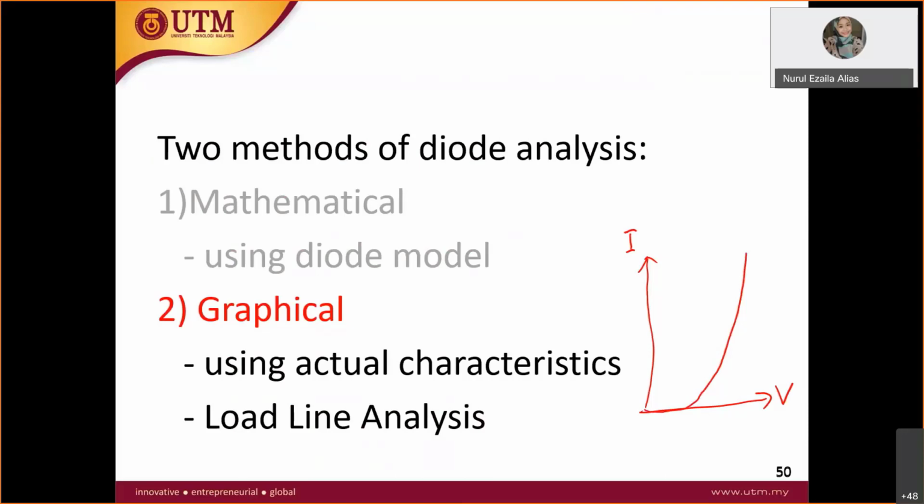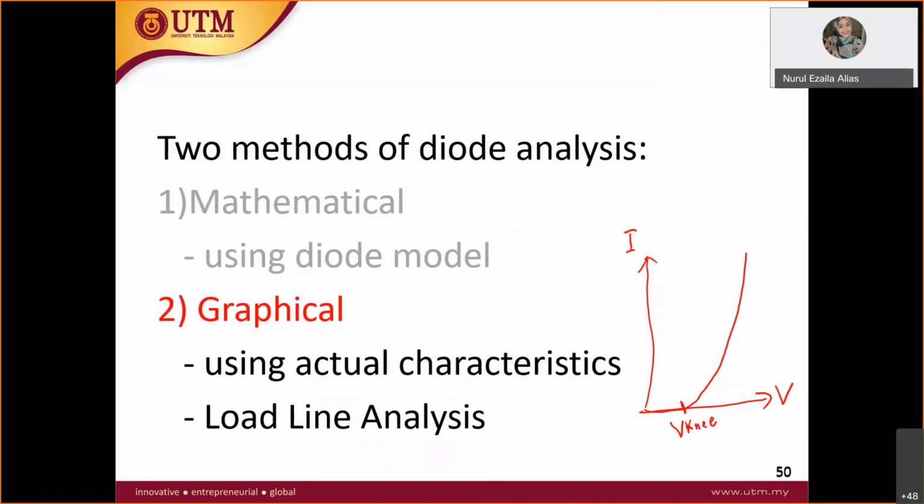What is the point at this node? It is what voltage here? Knee voltage, correct. Knee voltage or voltage drop. When it reaches the knee voltage, the current starts increasing. So this is your IV characteristic.